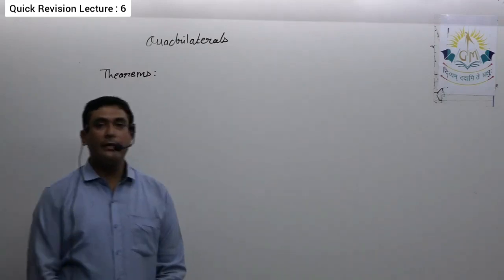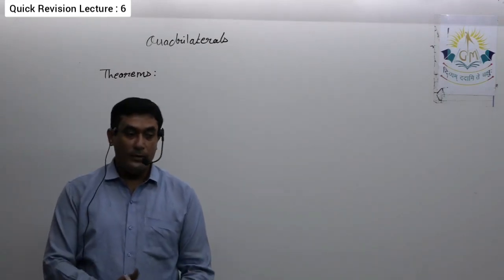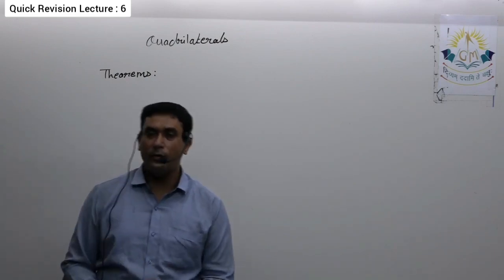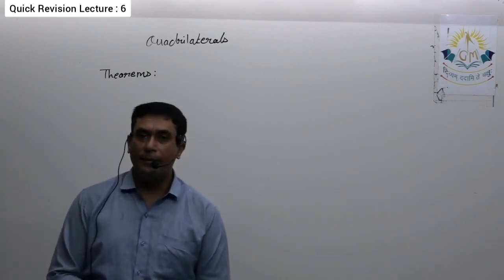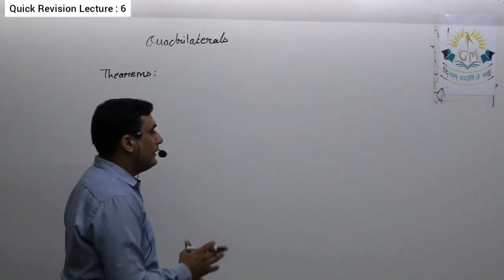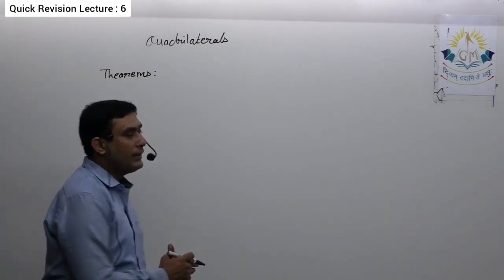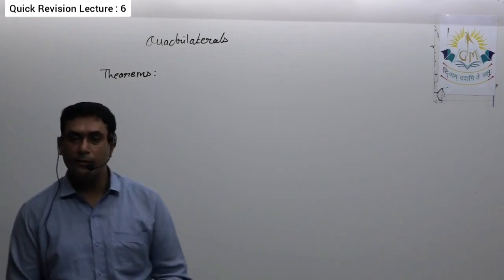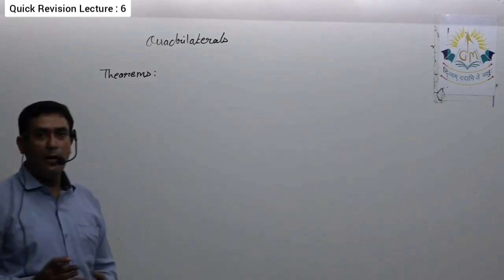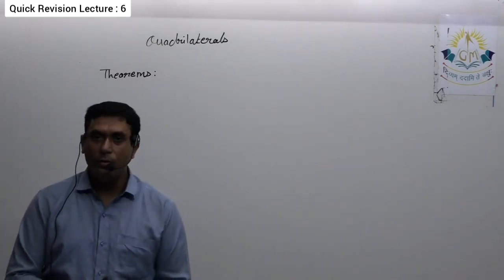Then we say that diagonals of a parallelogram bisect each other. Then its converse is also true. What is its converse? That in a quadrilateral, if diagonals bisect each other, then it's a parallelogram. So all these properties and their converse are also true.